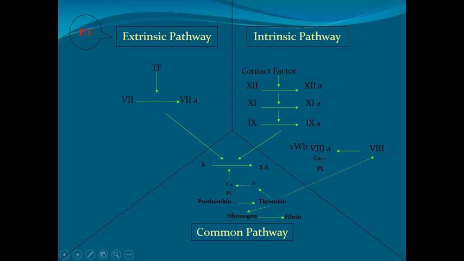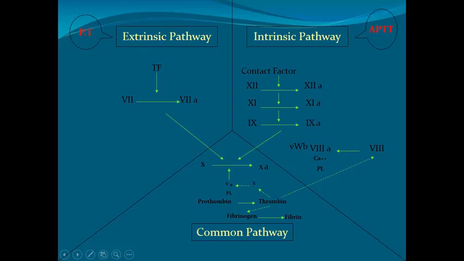Now this activated factor 9, along with activated factor 8, von Willebrand factor, calcium and tissue plasminogen, causes the conversion of factor 10 into activated factor 10. This is the extrinsic pathway, this is the intrinsic pathway, and the intrinsic pathway is controlled by means of the APTT. Activated factor 10 causes the conversion of prothrombin to thrombin.